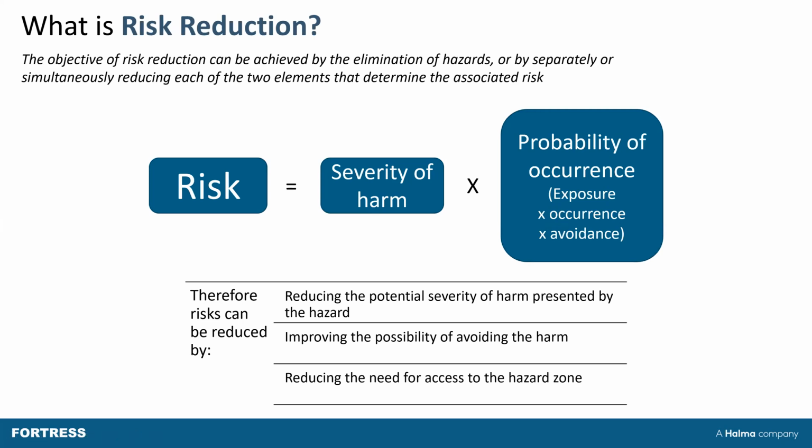If they're not likely to get very badly hurt, it maybe doesn't matter so much if it happens; it's fairly low risk. If they're likely to get hurt very, very badly, even if it's not very likely to happen, you need to reduce that risk. So that's the basis of what risk is.